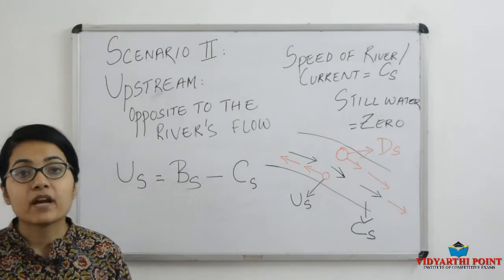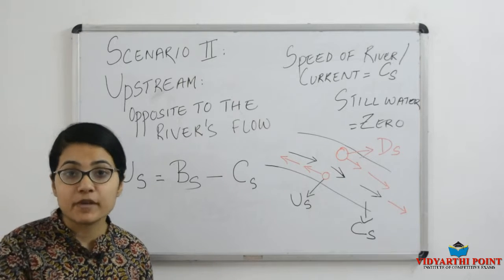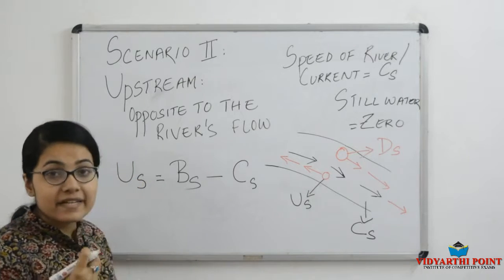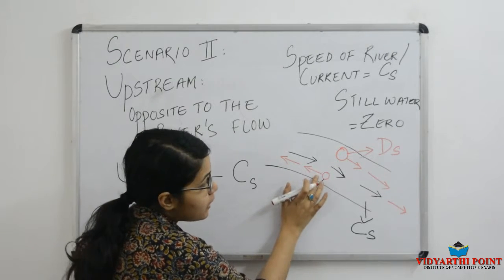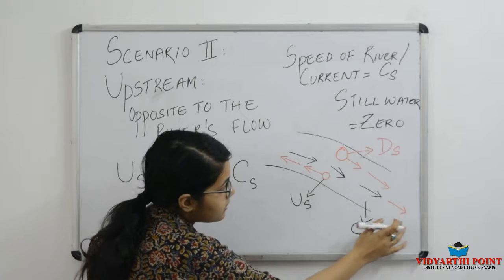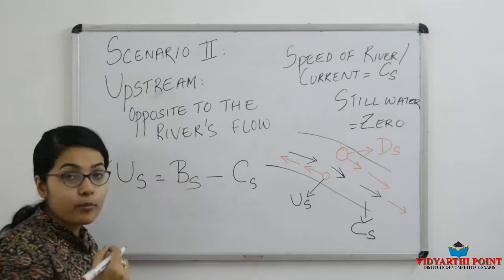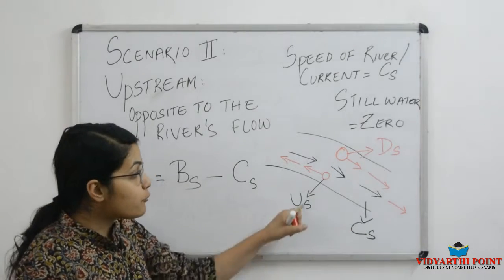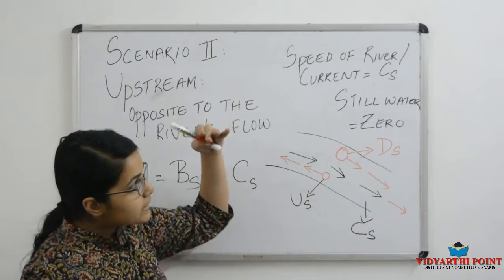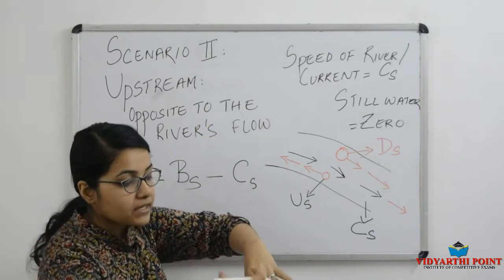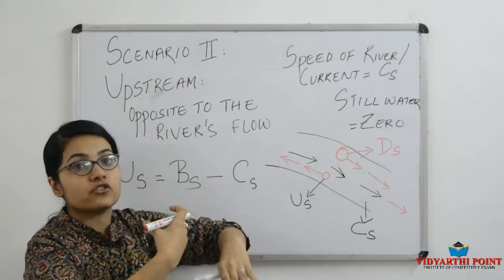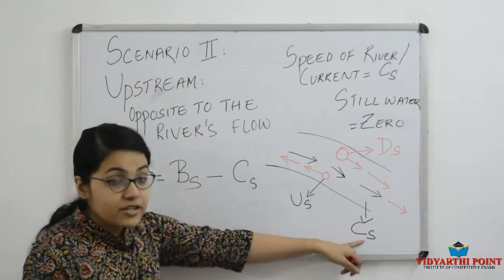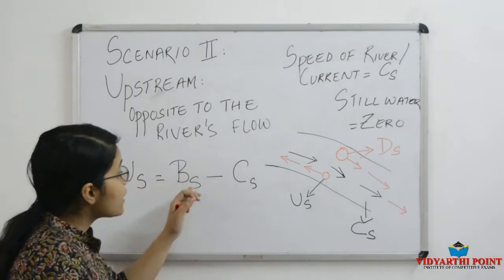Now the question may come, why? In downstream we have added the speed of current, but in upstream we are subtracting it. This is because when this river is flowing in this direction but the boat is flowing in the opposite direction, the speed of the current will resist the movement of this boat. So this speed of current will slow down the speed of the boat.